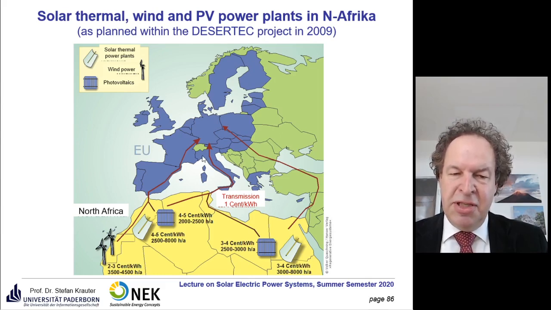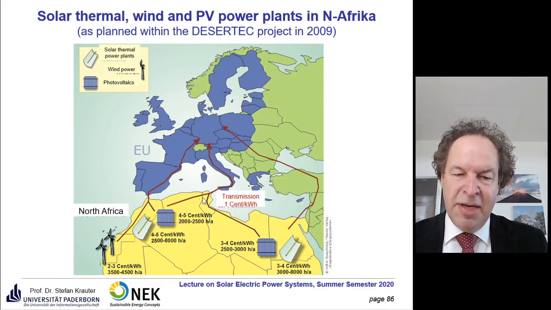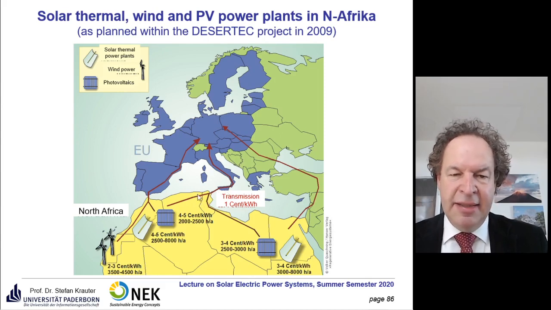So we didn't hear anything further on it. You have to consider also the transmission costs, which is quite optimistic here at 1 cent per kilowatt hour. It also goes through Libya and Algeria, and so the investors are afraid of investing there because they don't know whether the investment is safe, and therefore this project got a bit stuck.